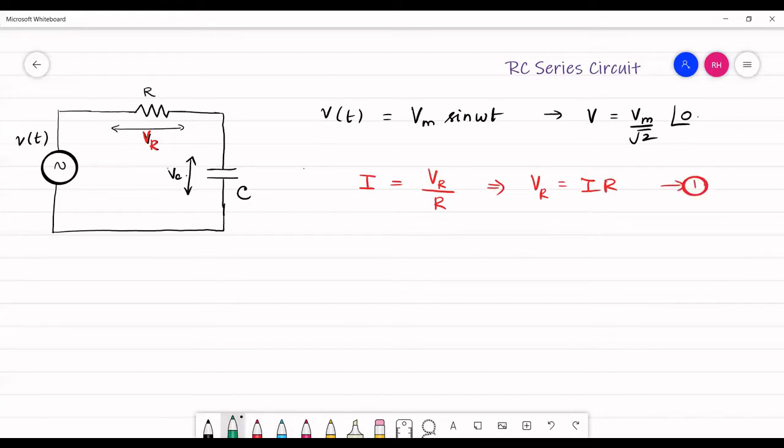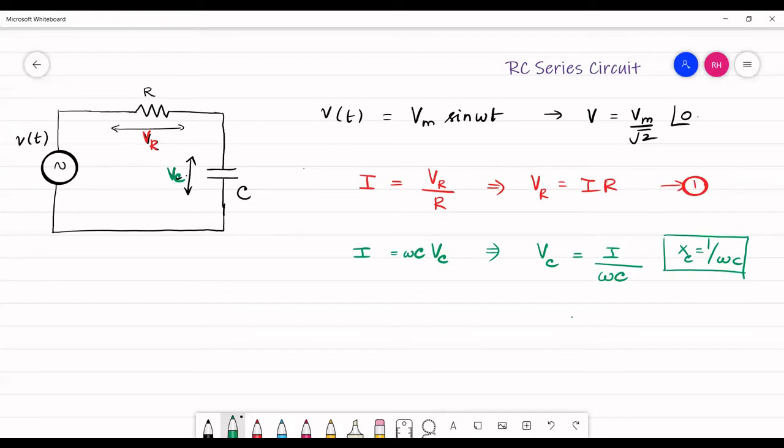And also similarly we have for a capacitive circuit, if the voltage is VC, current I is equal to omega C into V. On cross multiplication we'll have Vc to be equal to I divided by omega C, where 1 by omega C is equal to Xc, which is called the capacitive reactance.